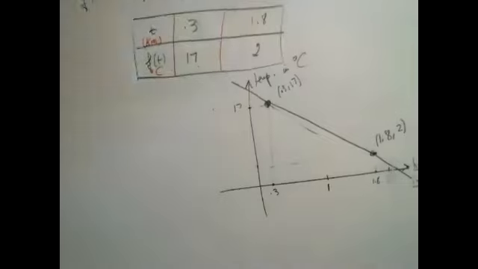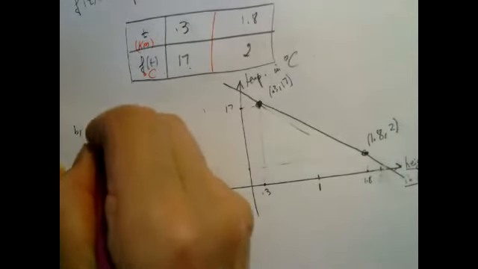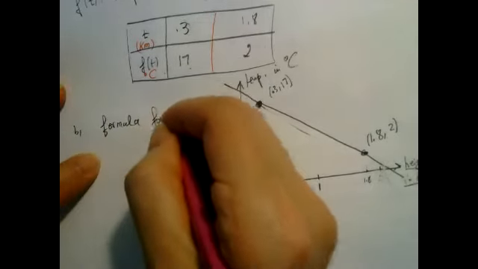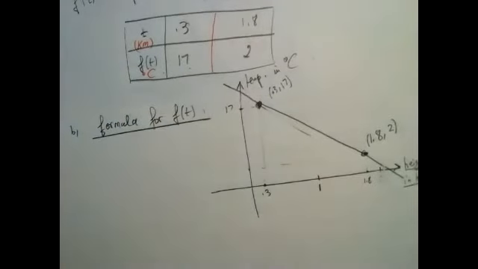What are they asking us about now? Formula for F of T. What do you want me to do?